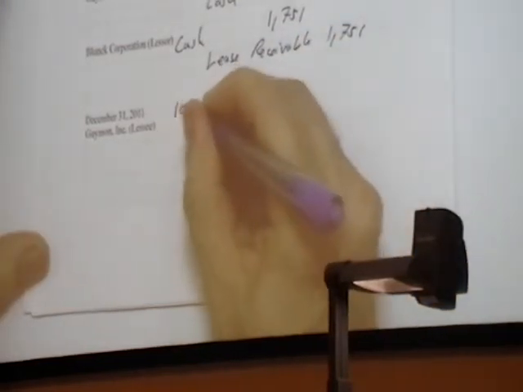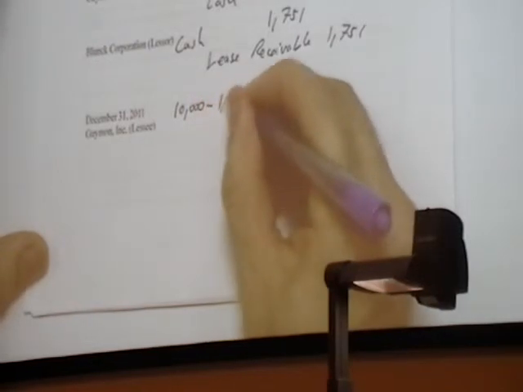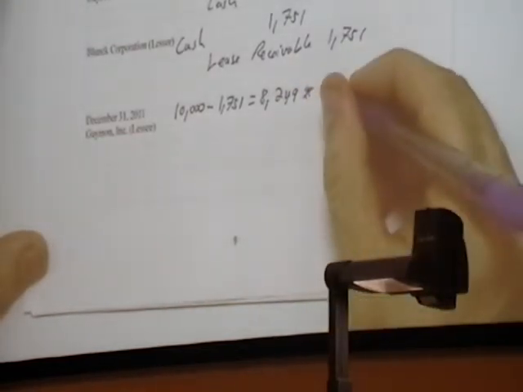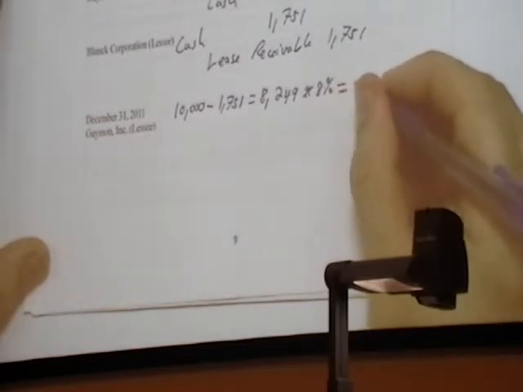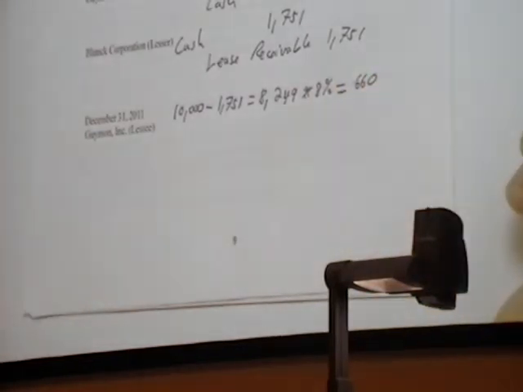Oh, here it is. So 10,000 minus the 1,751 equals 8,249. Then we're going to multiply that by the market rate of interest, which was given to us at 8%, and that is going to give us interest expense of 660, or interest revenue if we're the opposite person.